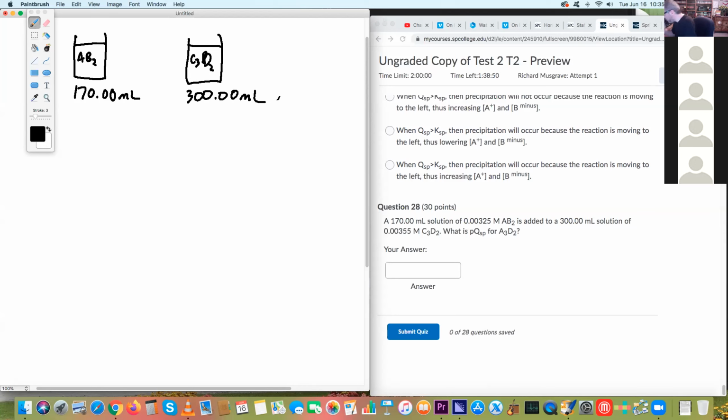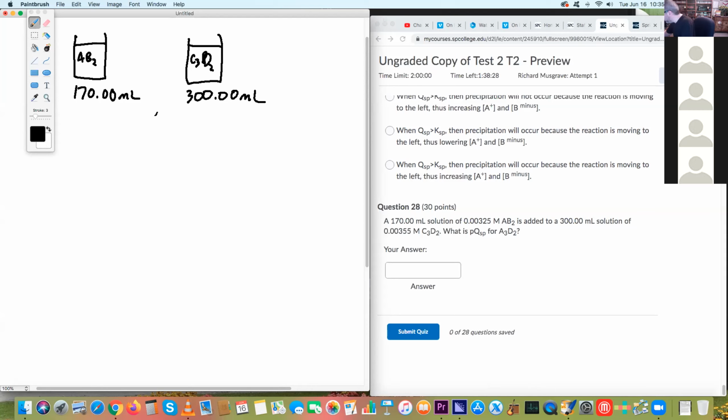And we're looking for the PQsp for A3D2. Now, I'm not giving you a Ksp, so you can't figure out if precipitation is occurring or not. All we're trying to do here is look for the Qsp, but then take the negative log of it to get the PQsp.